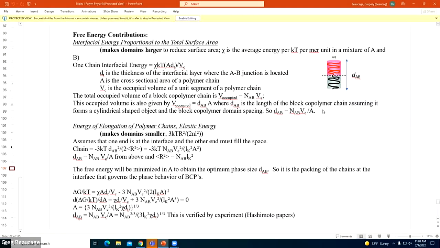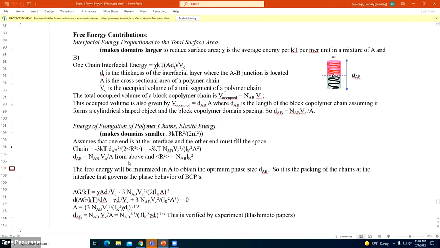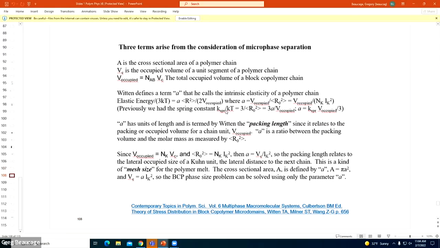Then you plug that area into this equation and get the thickness. That solution is verified by experiment. So it's just a simple balance between the energy at the interface and the stretching energy. You can see that rubber elasticity comes up everywhere. Every time anyone does anything, it's that same equation.